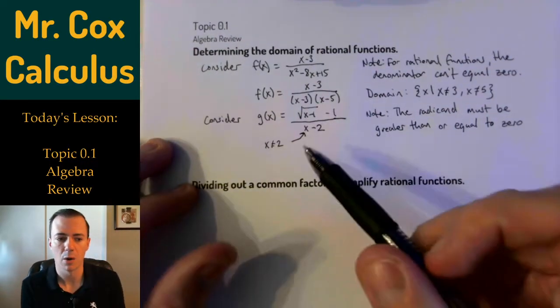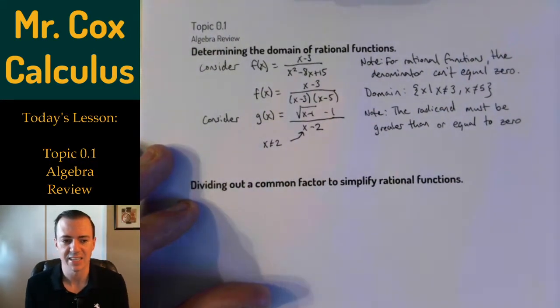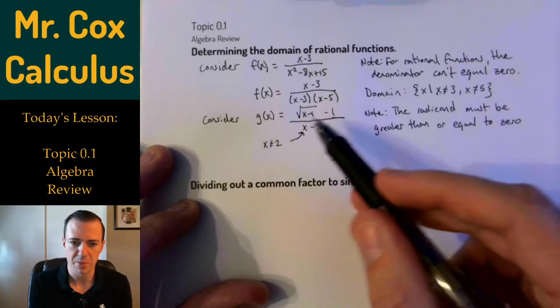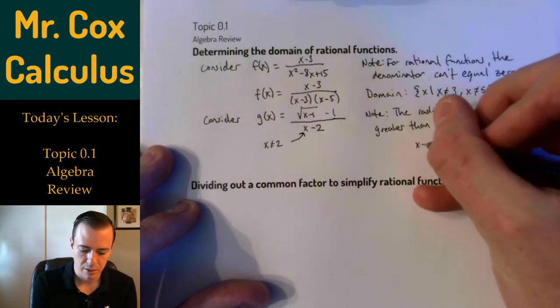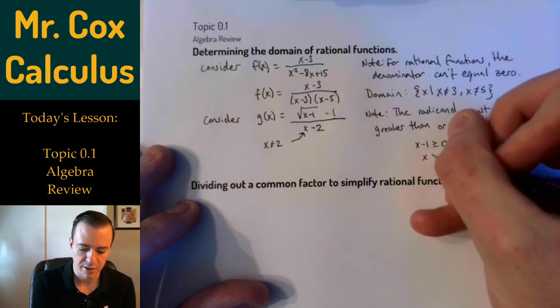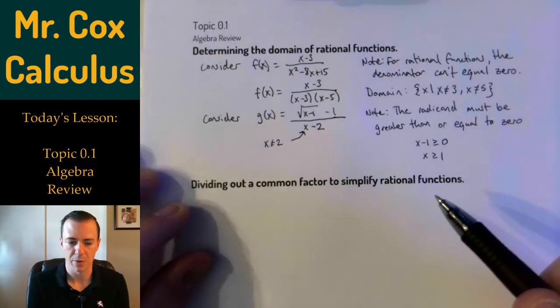It can equal 0. We can take the square root of 0, but we can't take the square root of a negative number. So that means that I need for x minus 1, the radicand, to be greater than or equal to 0, which implies that x needs to be greater than or equal to 1.